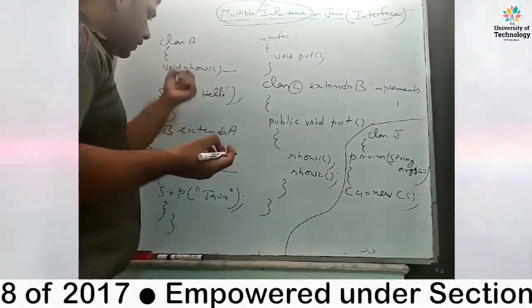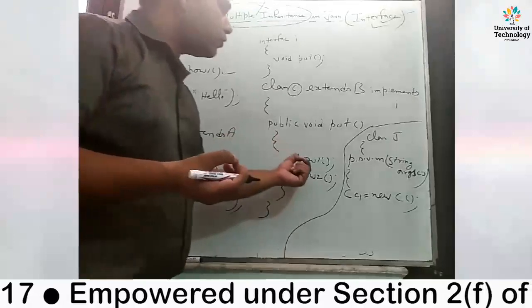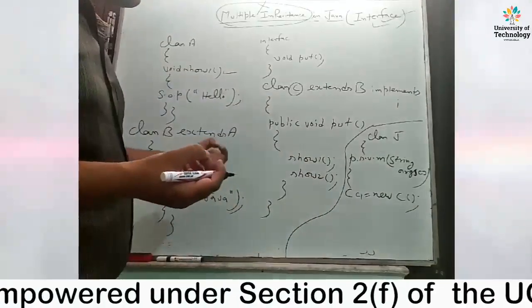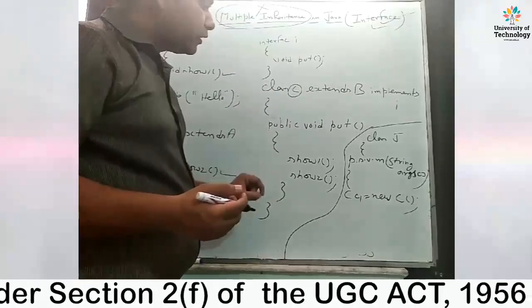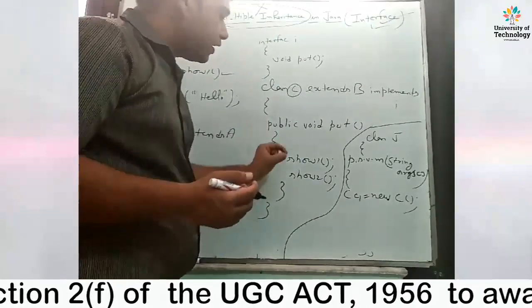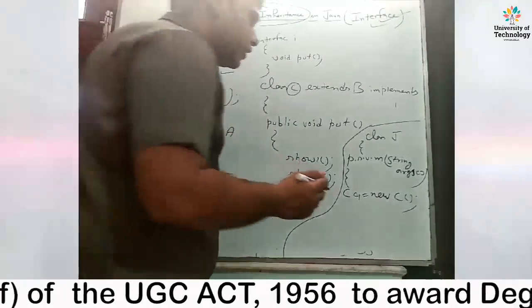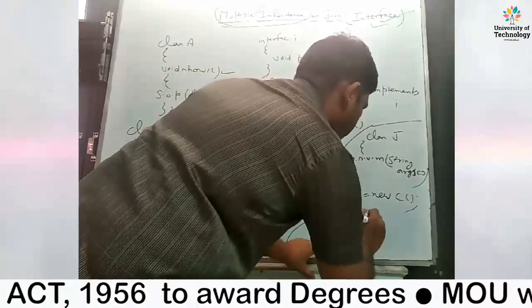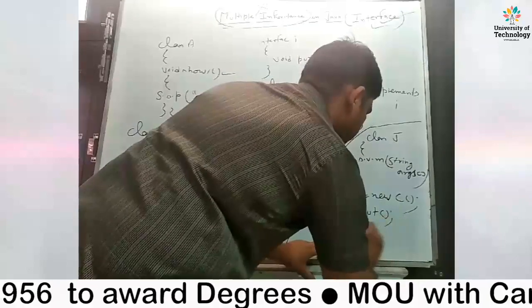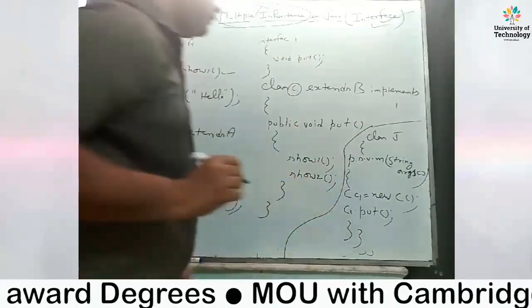C1 dot show1, C1 dot show2, C1 dot put? No. We will call only the put method, and inside the put method, show1 method is existing and show2 method is also existing. Now C1 dot put.